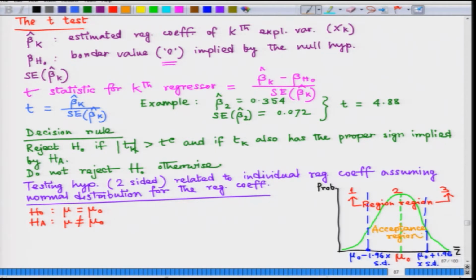Okay. So, that is why we know this value 1.96.